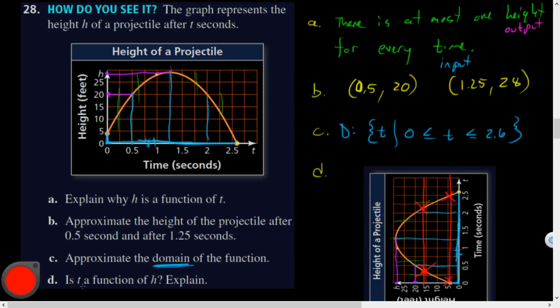And so time is not a function of h, but h was a function of time. So the answer is no. There are multiple times when the object was, let's say, I'll just say 15 feet high.